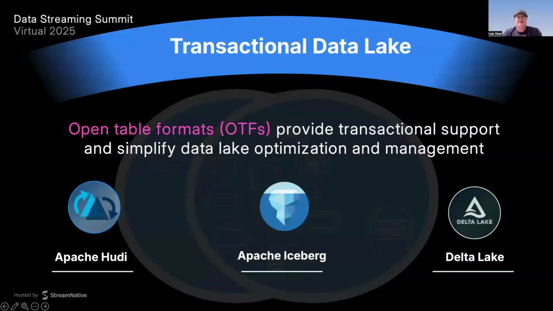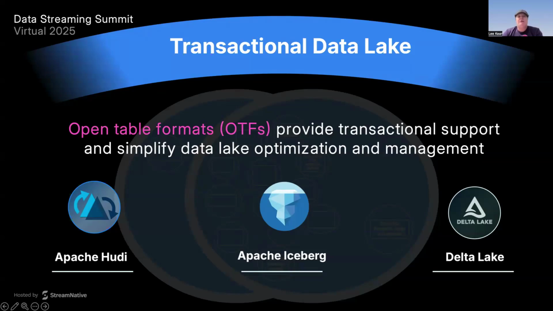Now, three open table formats are Apache Iceberg, Apache Hudi, and Delta Lake. Now, AWS supports all three of these open table formats. Apache Iceberg is an open source transactional data lake high performance format for large analytics tables. Iceberg brings the reliability and simplicity of SQL tables to big data.